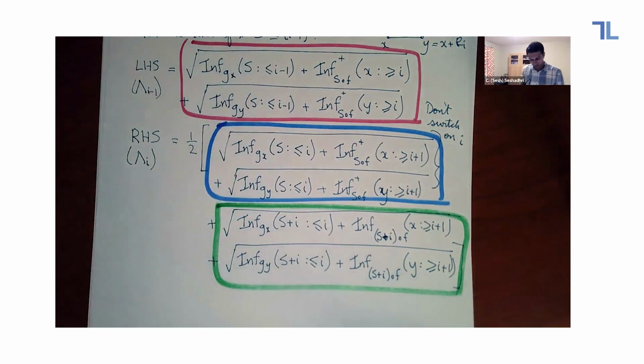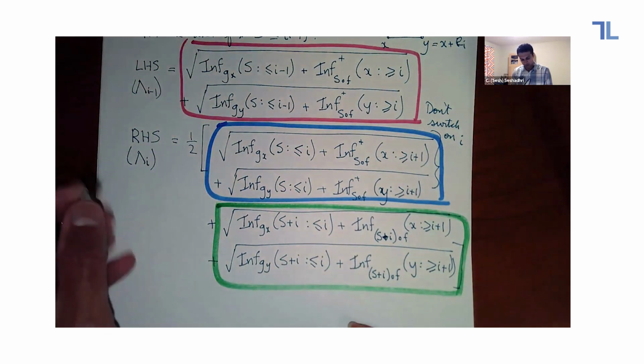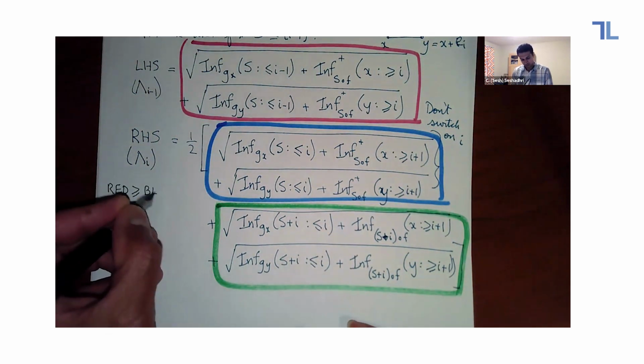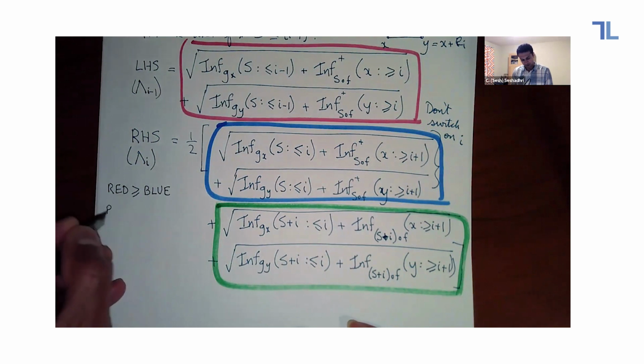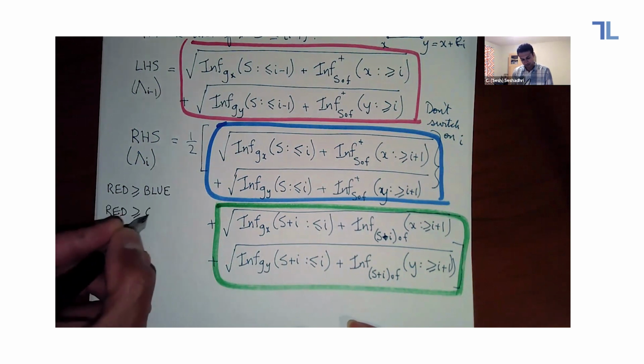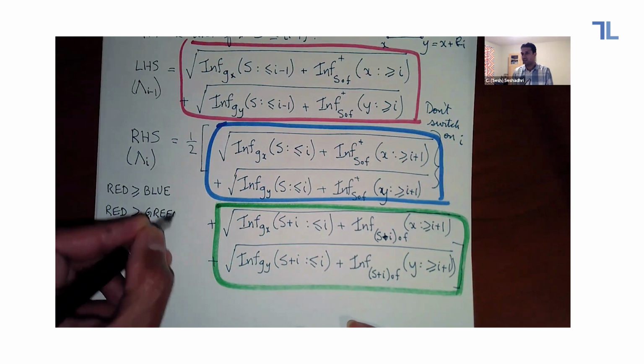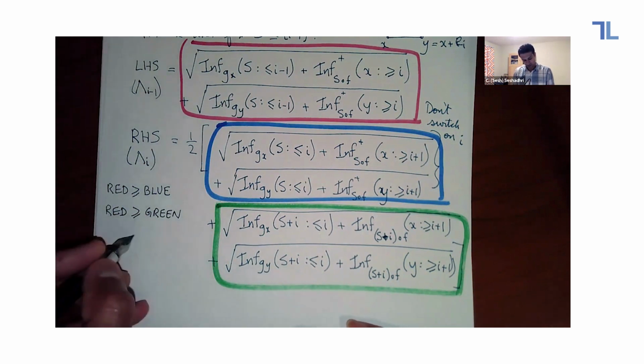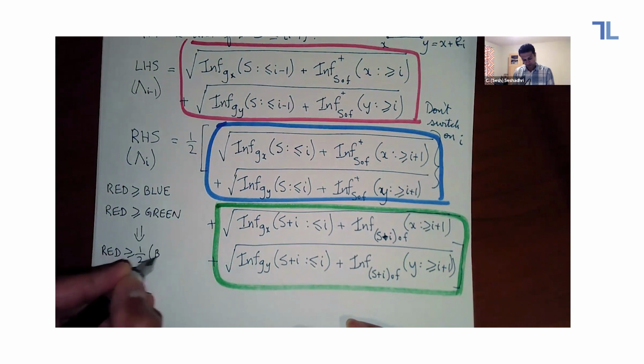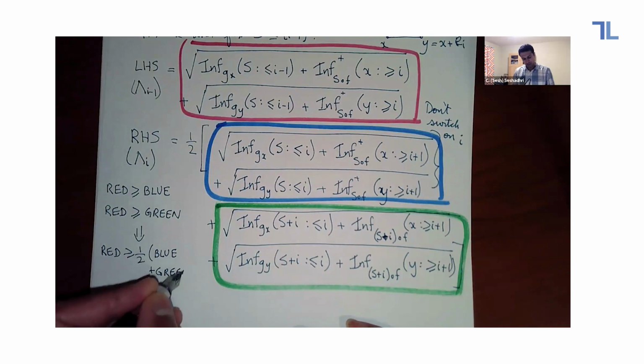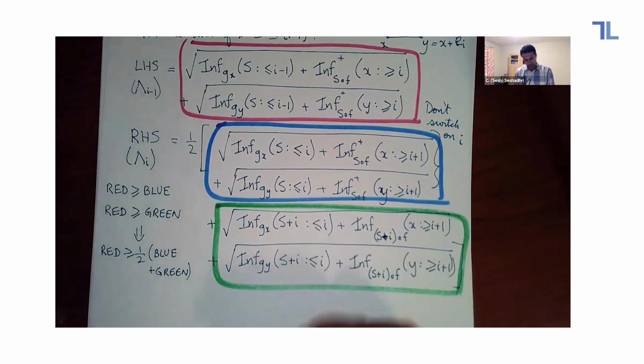Essentially, what we'll prove is that the red is greater than the blue. We'll prove that the red is greater than the green. So obviously the red is at least the average, then. So this implies the red is at least half of blue plus green. And then all you need to do is you just take an expectation over X, an expectation over S, and then you're done.